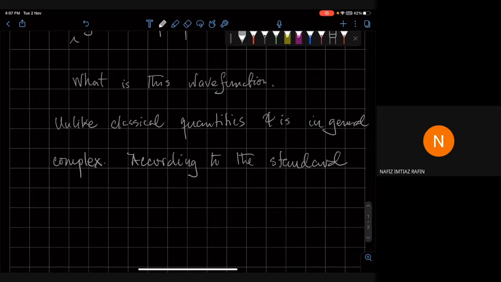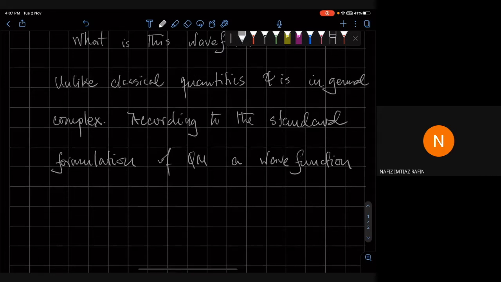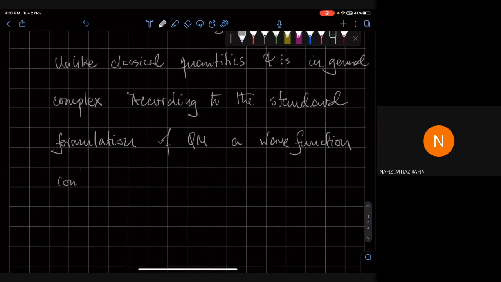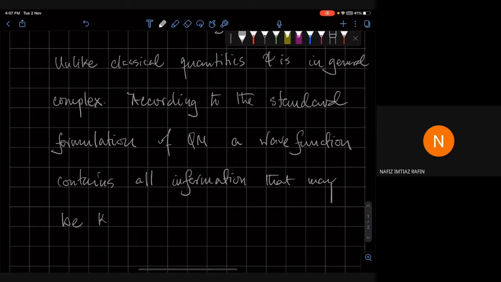According to the standard formulation of quantum mechanics, a wave function contains all the information that may be known about a system.